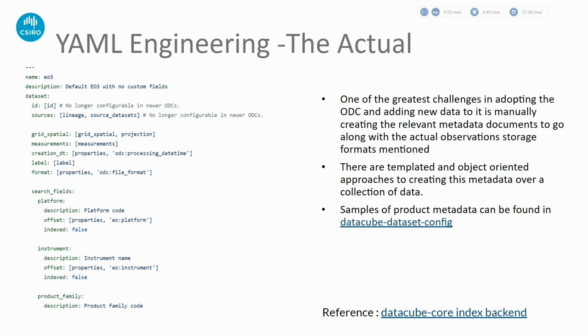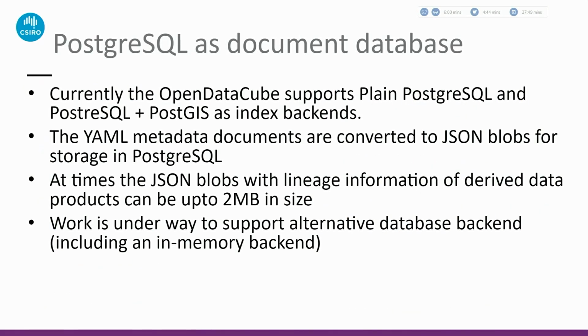You'll have to come up with one to put it into the Open DataCube. There are some helper scripts. We are trying to make that more mature to make it easier to put any metadata on top of the data sets you have. Or you can also define your own specification. If you think this model is insufficient, you want to have more descriptive things about your platform, you can add more into it. The flexibility comes at a cost, but yeah.